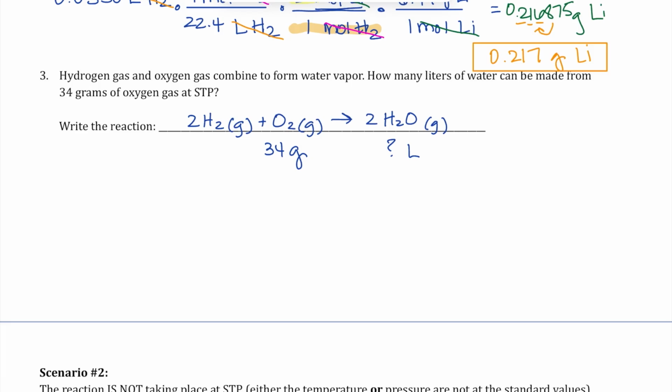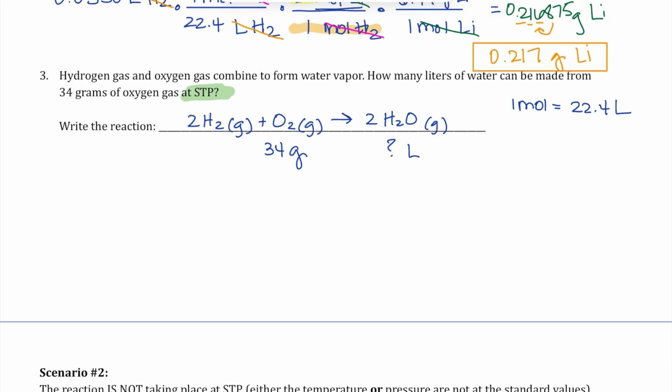So we're at that standard temperature and pressure, which means we can use that 1 mole equals 22.4 liters. And because this has only gases in the problem, we could use it on any of these chemicals, but let's look at what our problem is asking us.